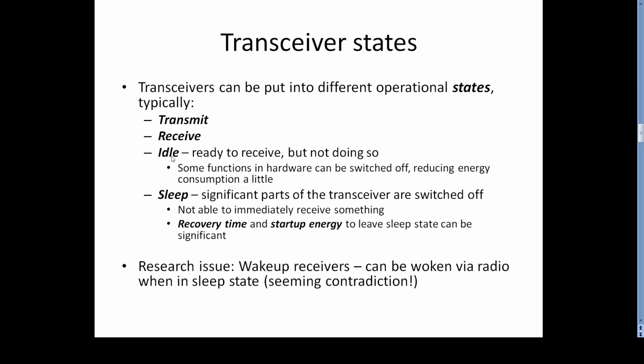Idle state is the state ready to receive but not doing so. Some functions in hardware can be switched off, so it will reduce the energy consumption a little bit. And the 4th state is the sleep state.